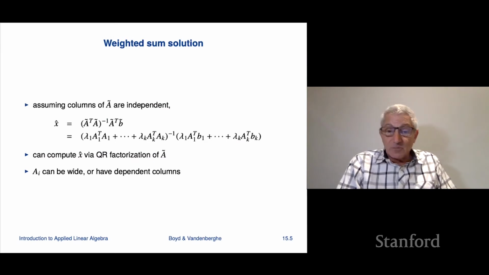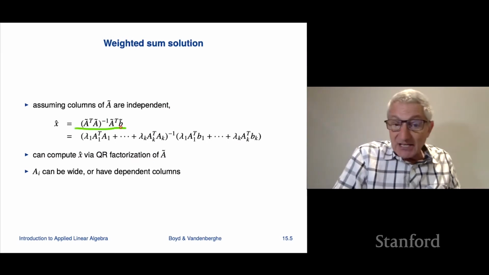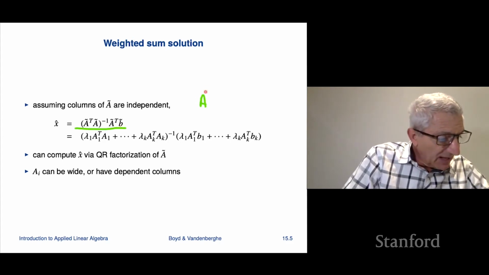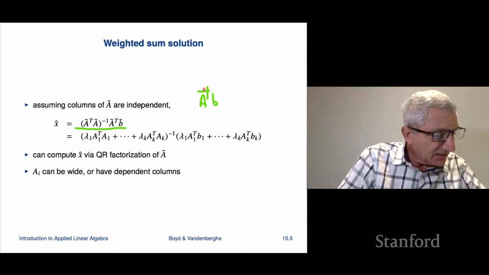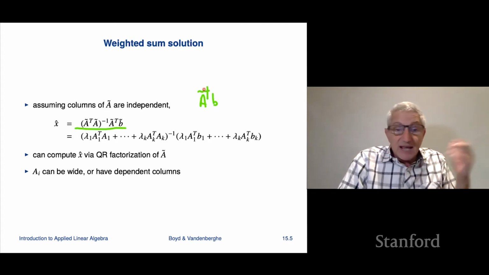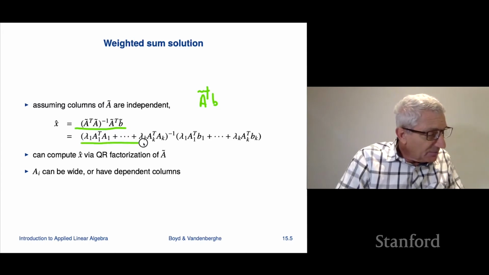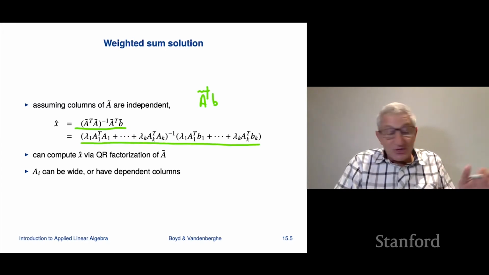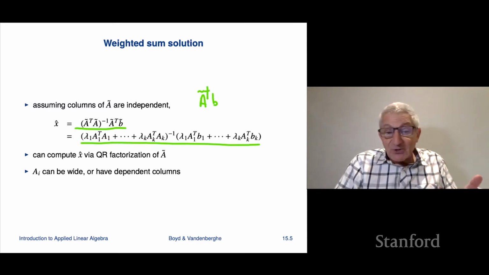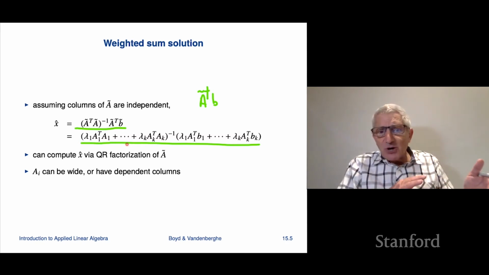Okay, so you can work it out. It's good enough just to say it's that, or you could write it this way if you like, A tilde dagger b. It's the same thing, but you can write it out this way, which is actually kind of a beautiful thing. Very roughly speaking, the least squares solution is A transpose A inverse A transpose b, and this basically splits the numerator and denominator.